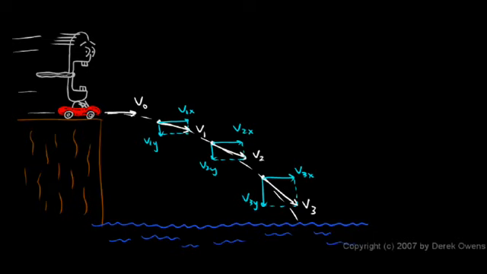And then lastly, I'll say that mathematically, this path is a parabola. It's parabolic in shape. Now that's only true if there's no air resistance. In the real world, there is air resistance, which causes the shape to be a little bit different. But in the absence of air resistance, or at low speeds, when air resistance really is negligible, the path of the object is a parabola.